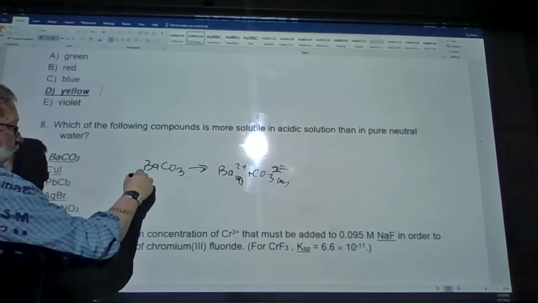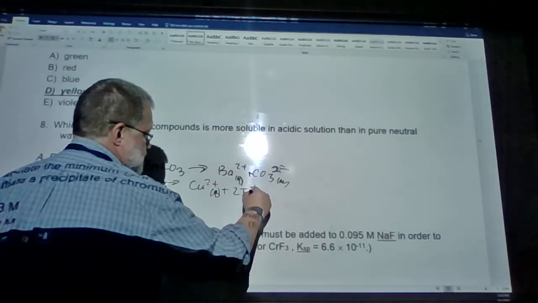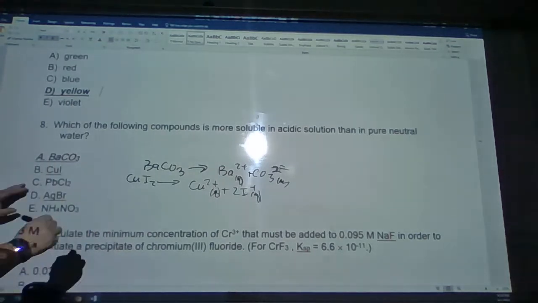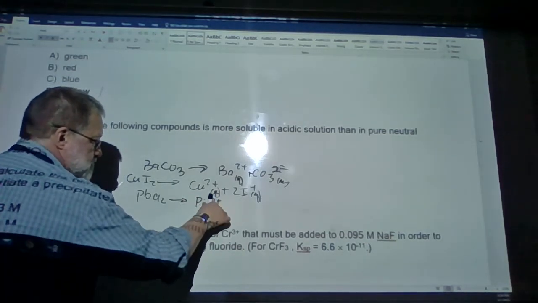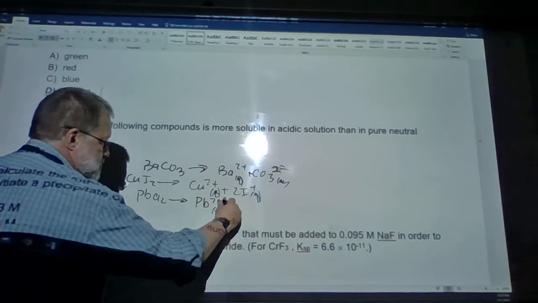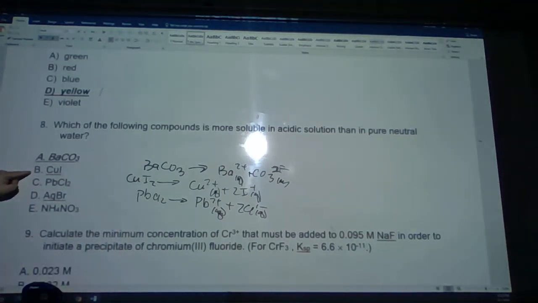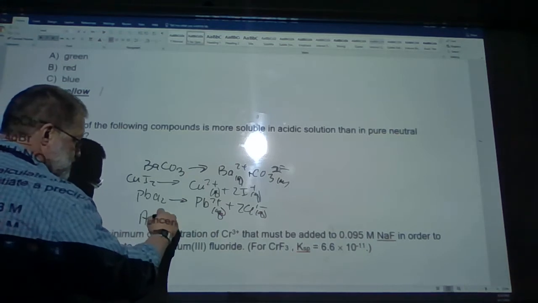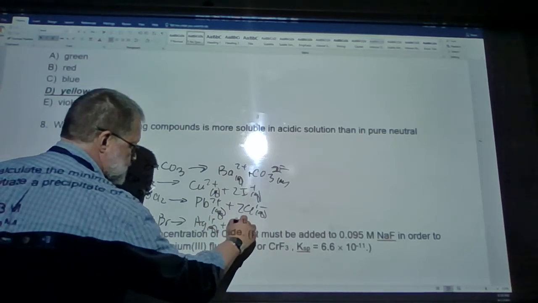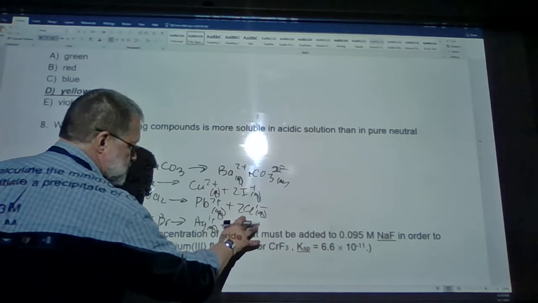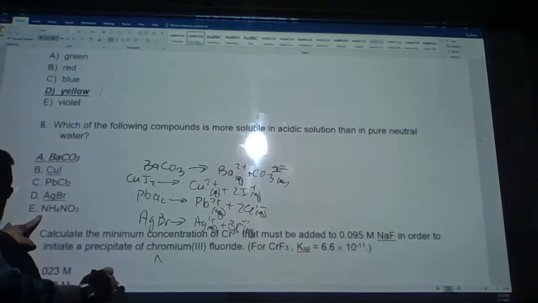This would create, if it was soluble in water, carbonate, copper iodide, bromide, then ammonium nitrate.